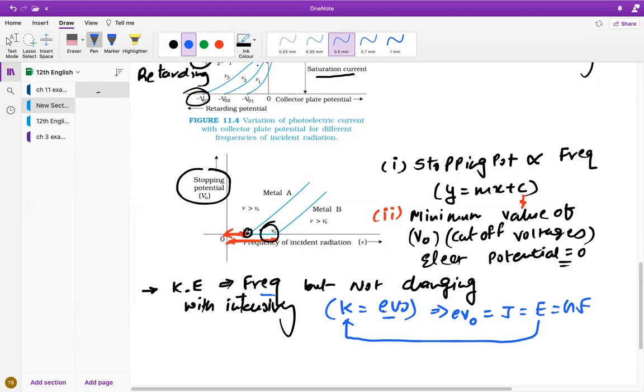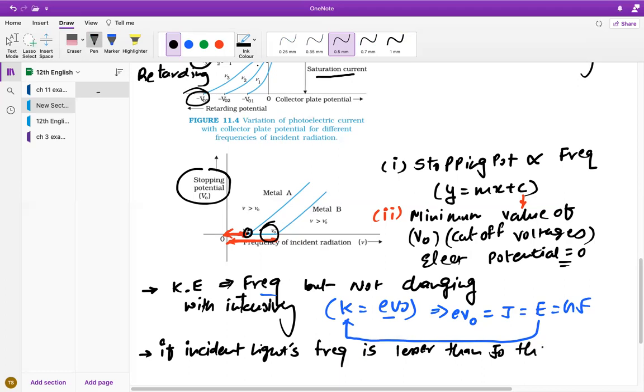Okay, chalo, second conclusion. If the frequency of the incident light is lesser than f0, then there will be no emission.